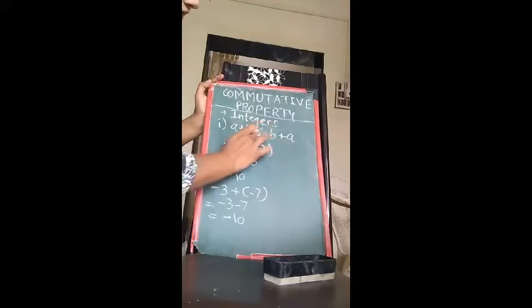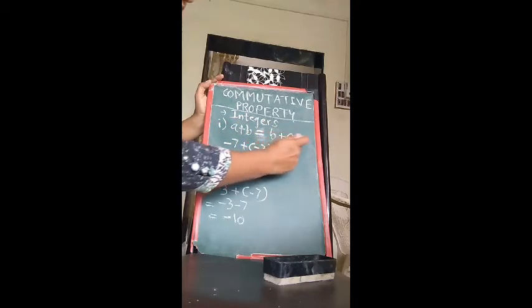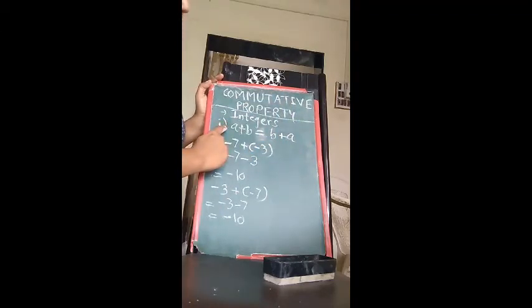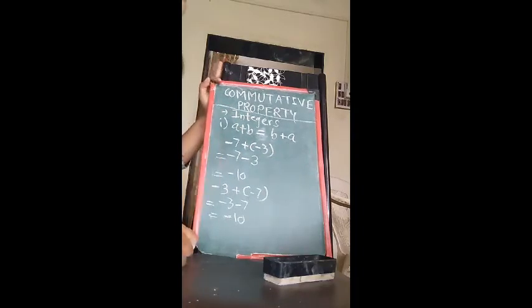So here our property satisfies. So here we are going to write a plus b is equal to b plus a. Okay, you just note down this property for addition. a plus b is equal to b plus a. You have to mention integers here. Okay, just write this down.